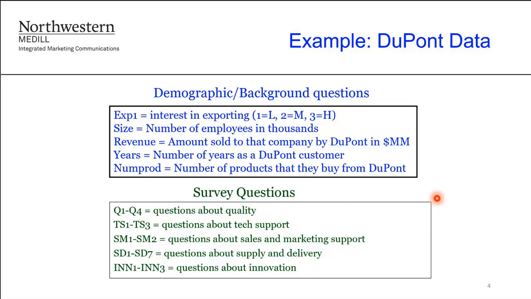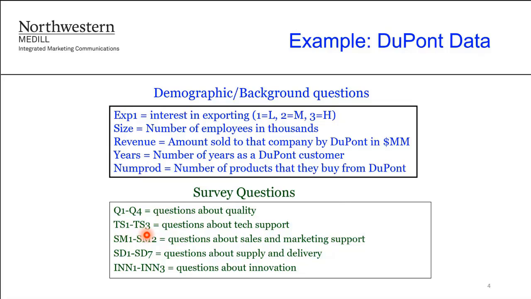And these are the actual survey questions. We have many variables here, many questions here. Questions 1 through 4 are about quality.